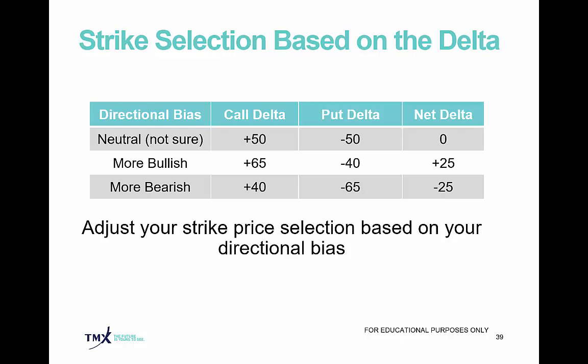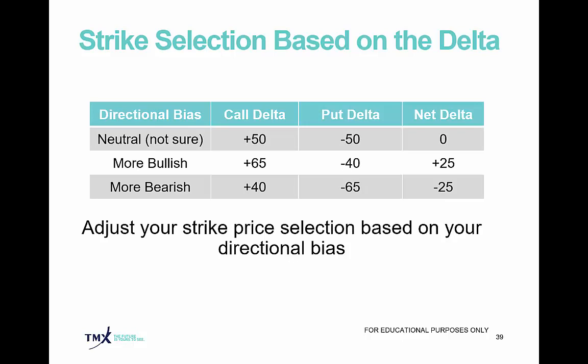If you are more bullish, what you're going to look to do is favor the call delta. So you're going to buy a call with a higher delta, and you're going to buy a put with a lower delta. So in this case, if I buy a call with a delta of plus 0.65, and I buy a put with a negative 0.40, you'll see my net delta is plus 25.